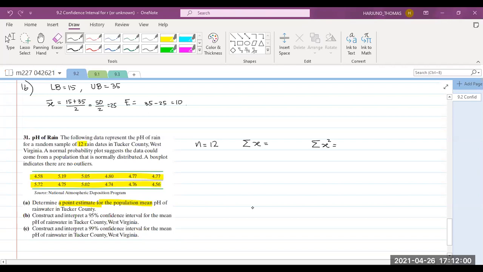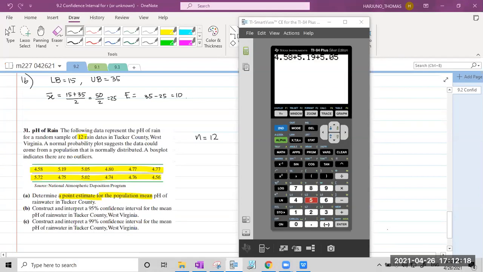Okay, we have 4.58. I will find the sum of x. 4.58 plus 5.19 plus 5.05 plus 4.80 plus 4.77 plus 4.77. That's the six numbers from the first row.